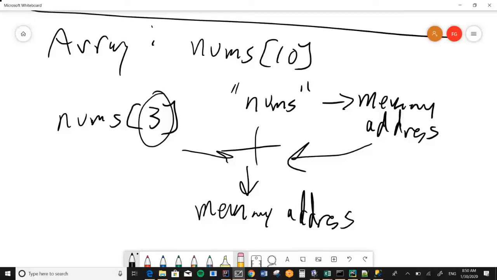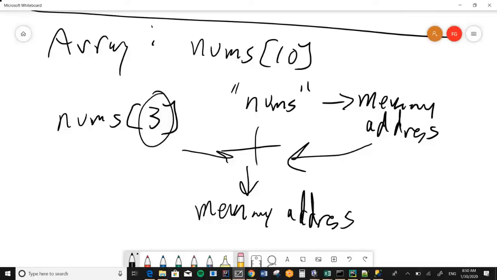So reasoning about it, nums, the start of the array, is just saying this is where these places start. And the index is saying this is how far in we're going to go. So an array is kind of virtually a table, right? Because that's all it's doing. And now what we're going to be thinking about is how do we implement that table as a circuit? Yeah, good question, real good question.